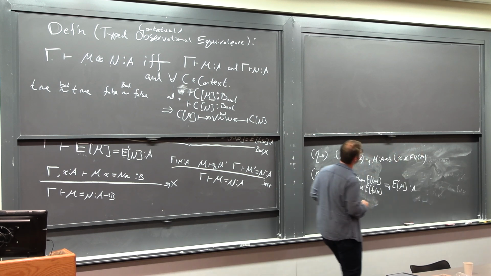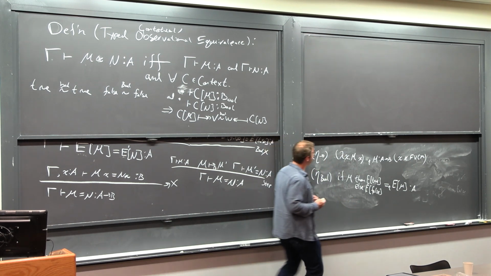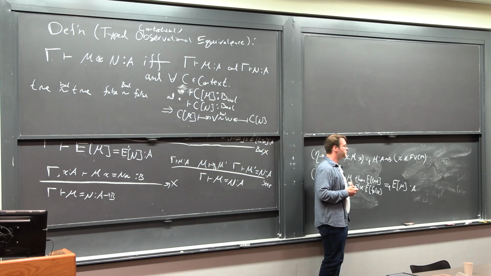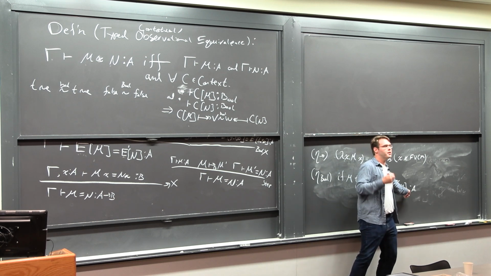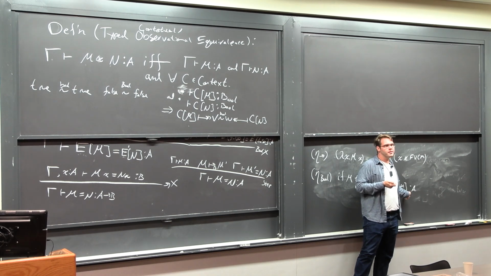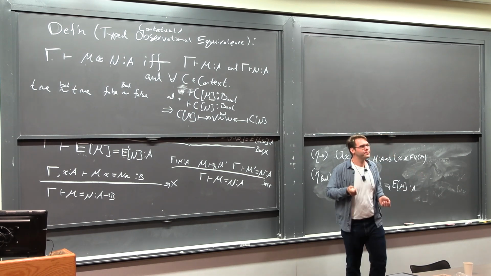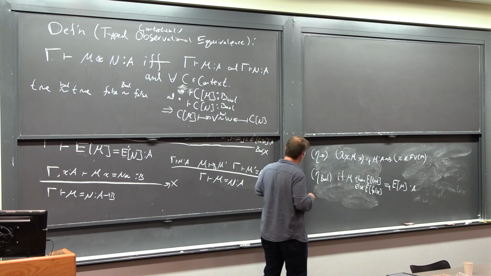Doesn't really matter what the type is. So what am I saying? Run m. If it's true, I plug true into the evaluation context. If it's false, I plug false into the evaluation context. And that's the same thing as just running m and then passing it directly into the evaluation context, assuming it's a Boolean, because that's the only thing it could return, right? So that's an eta rule for bool.